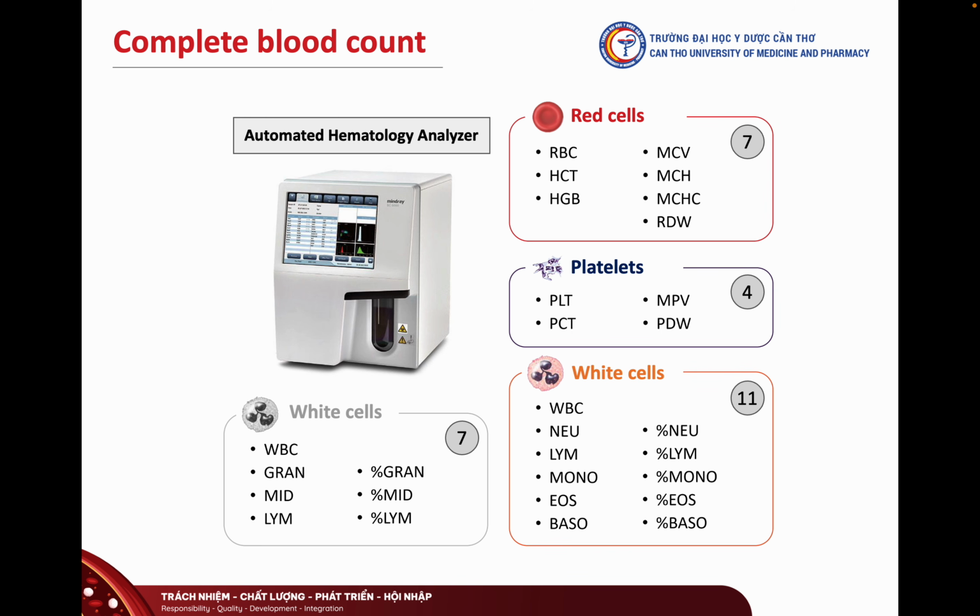These abnormal cells can be misclassified, leading to inaccurate counts and misleading flags in the results. That's why we often need to review the peripheral blood smear, especially when the analyzer gives unexpected results, to look for signs of leukemia, severe anemia, or other marrow-related pathology. So, while automation improves speed and standardization, it still requires critical thinking and manual confirmation when abnormalities are suspected.